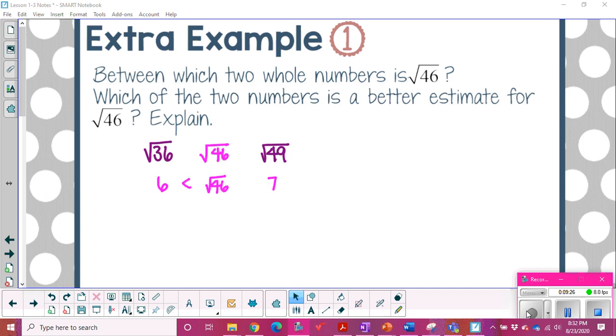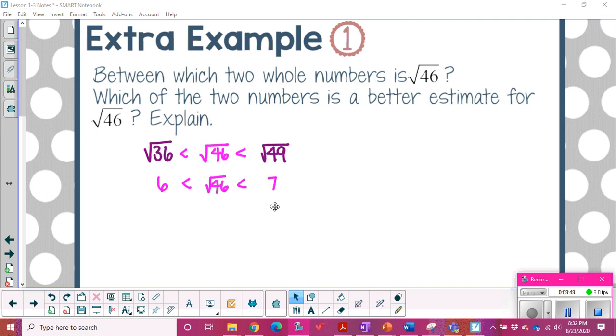So we know that it is between, and I'm just putting these less than signs. So 6 is less than the square root of 46, but the square root of 46 is less than 7. Those are our two numbers it's between, but which of the two is a better estimate?